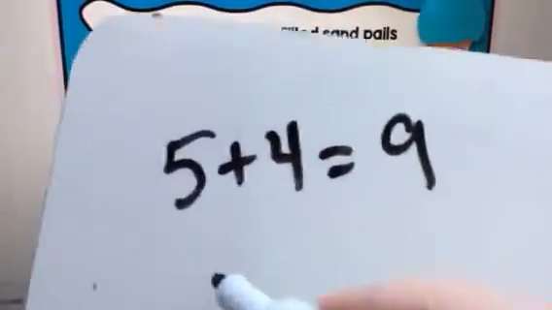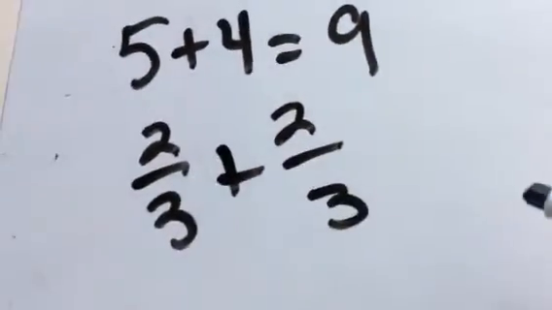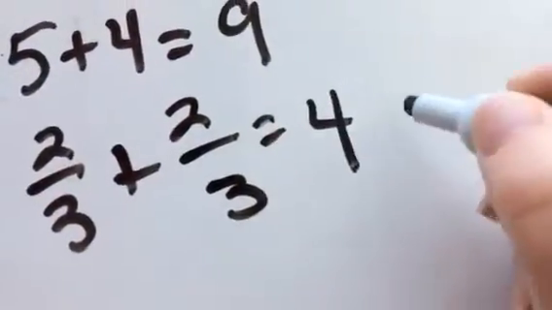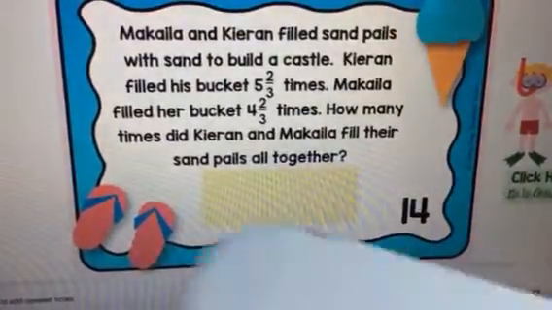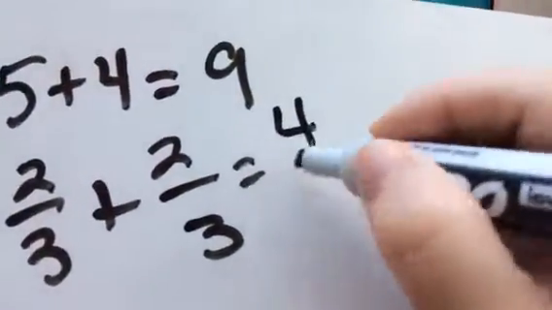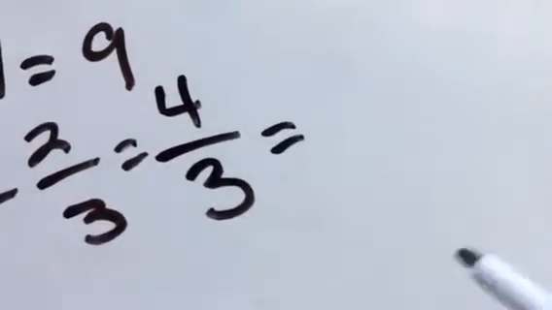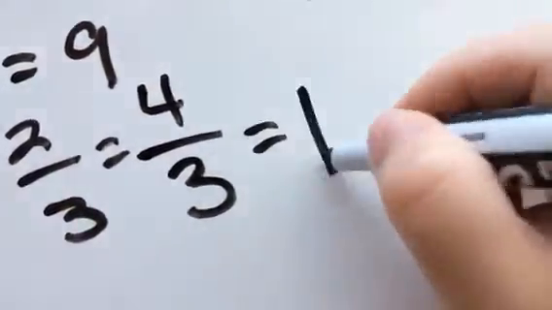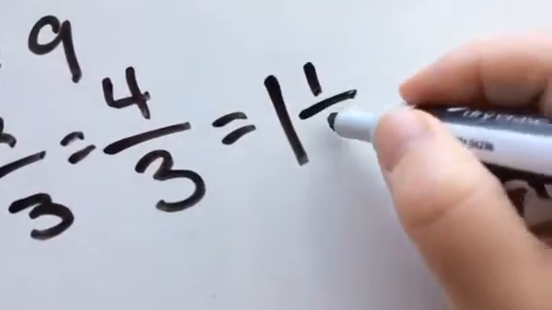And then I'm going to do my 2/3 plus 2/3. And unfortunately, that gives us an improper fraction. So we have to make it into a mixed number. 3 goes into 4 one time with a remainder of 1, and we keep our denominator.